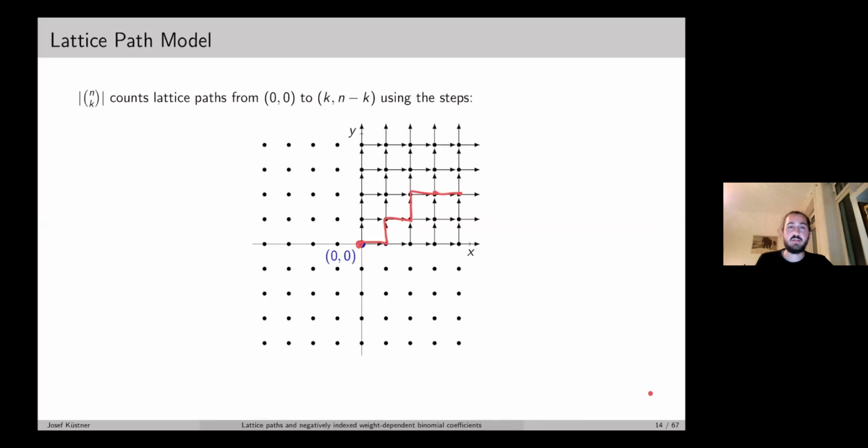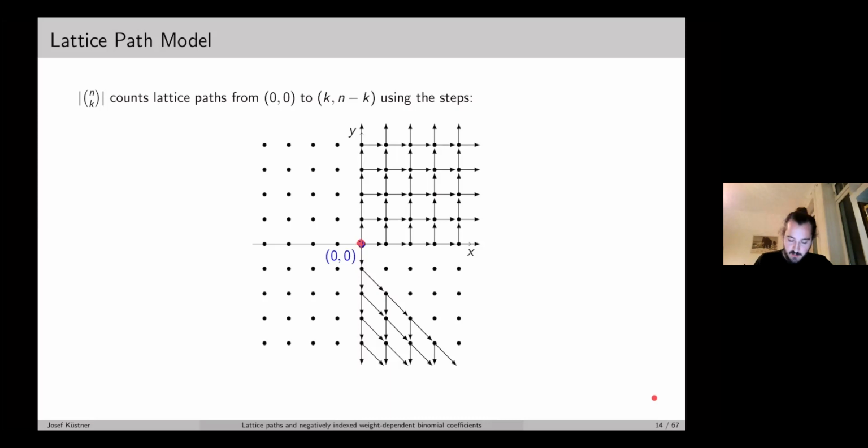Now, what if n and k might be negative values? Then we cannot take the usual model that we have. So if you go to the right down region, to the east-south region, then we take these steps. So we take down steps and we take east-south steps. For example, a path can look like this.